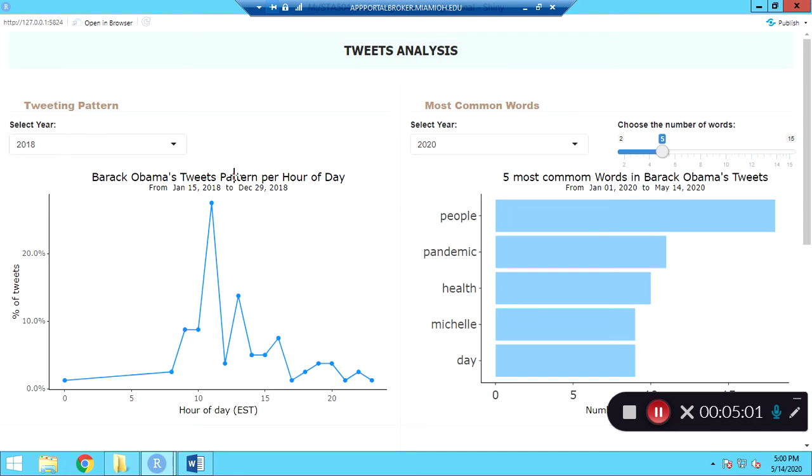For the pattern, as we have it, we are now seeing the tweeting pattern for the year 2018, and we can see that the president in that year tweeted very early in the morning, as early as midnight to 8 a.m. We have him tweeting the most at the 11th hour of the day, and that decreases as we move to the right.